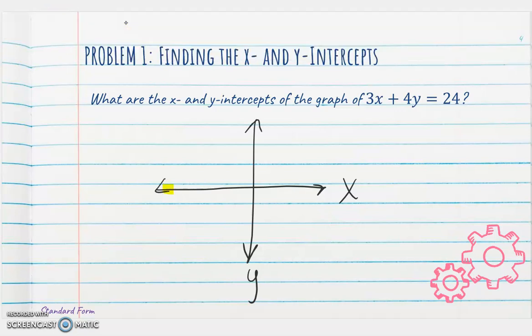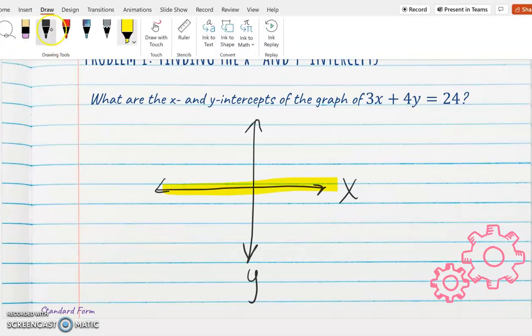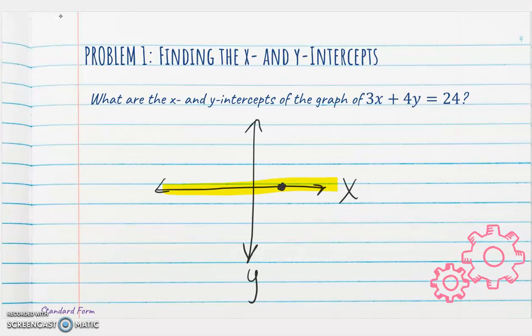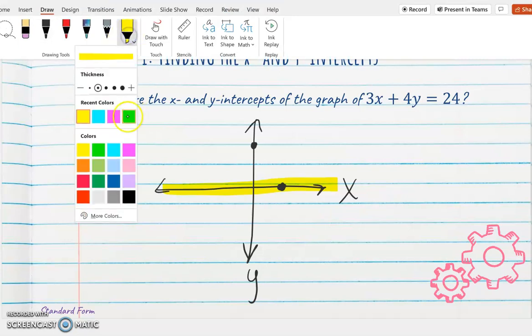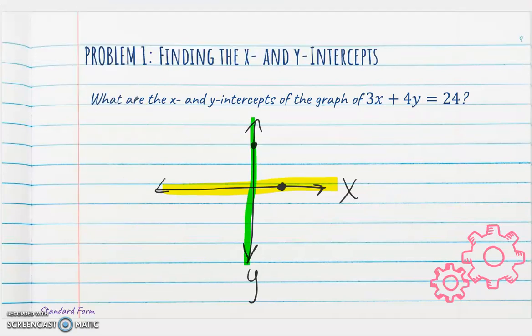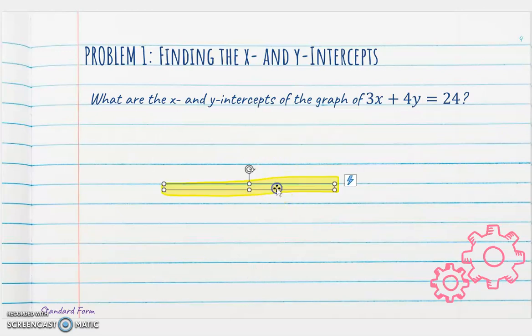If we have a point on your x-axis, that'll be your x-intercept. Likewise, if you have a point on the y-axis, that will be the y-intercept. Now the nice thing about linear equations, you're only going to have one x and one y intercept.